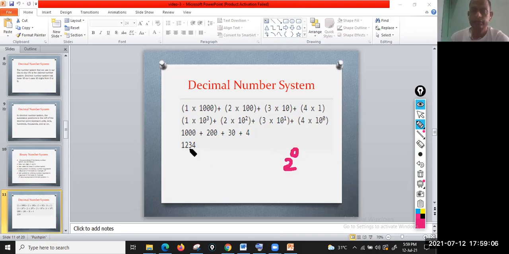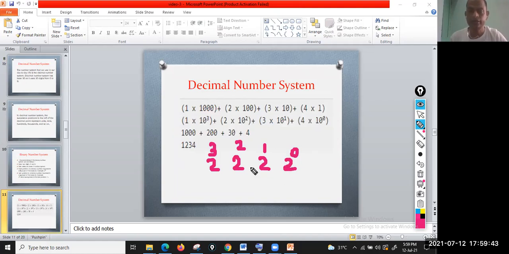What is the position of 3? 2 to the power 1. Then 2 squared, and 2 cubed.